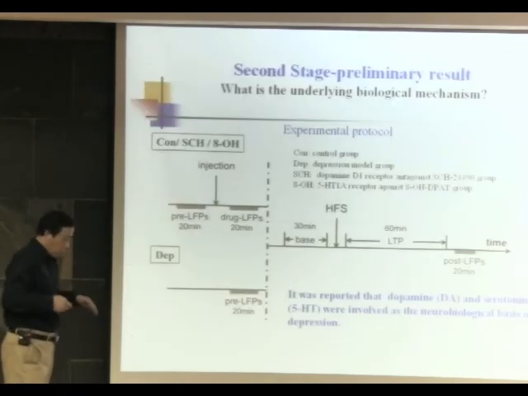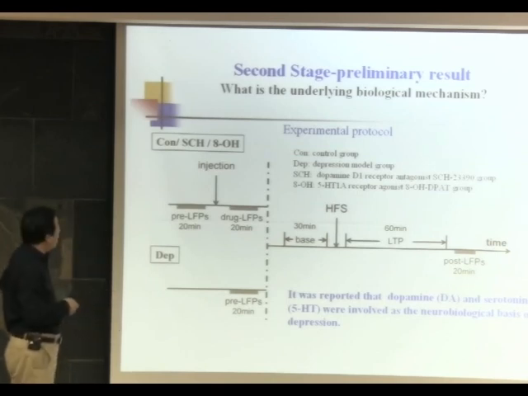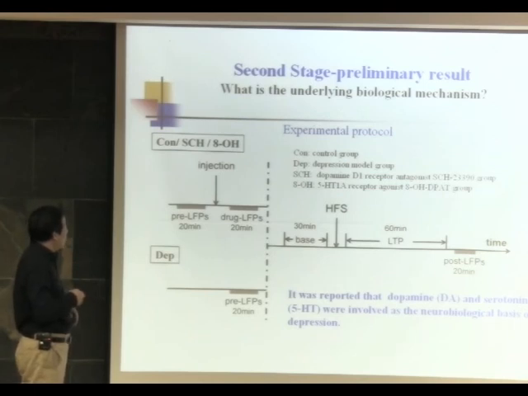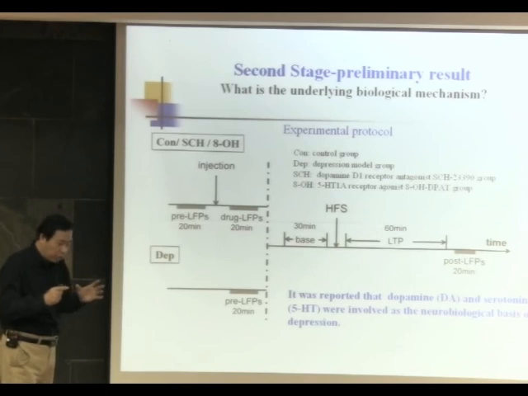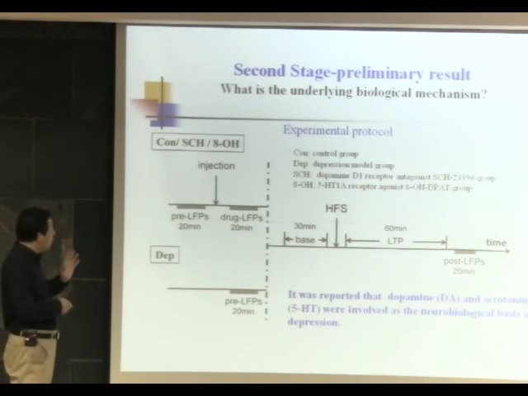Now we go to the second stage. We are interested to know whether there is a relationship between neural oscillation and neural synaptic plasticity, and what is the underlying biological mechanism. In this study, we use 4 animal groups.